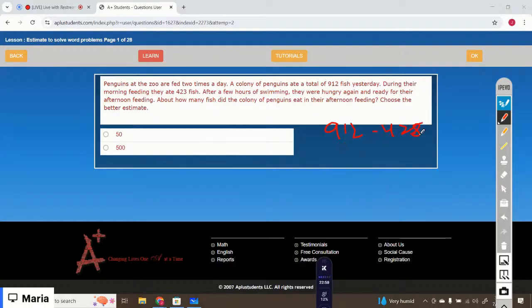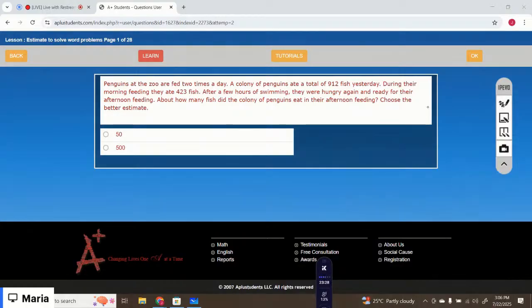So 912 is rounded to 900 and 423 is rounded to 400. So 900 minus 400 is 500. The correct option is 500. Option number 2 is the correct option.